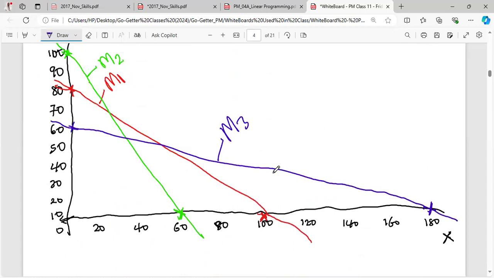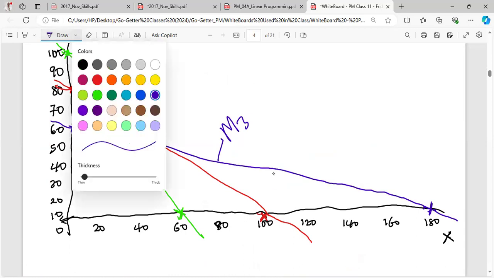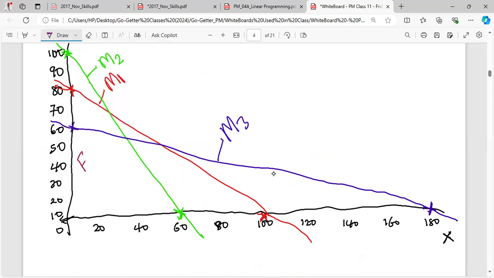So it means anything closer to the origin is the feasible region. Here, I'll need to use a different color. This is the feasible region. And this is 0.